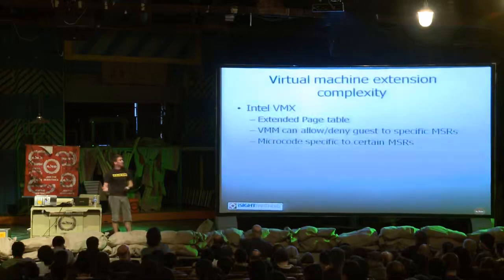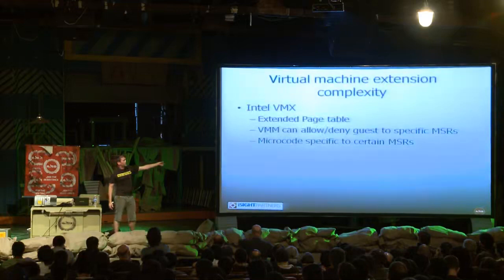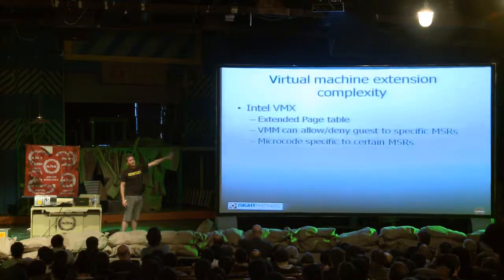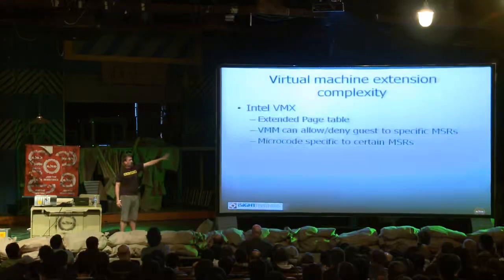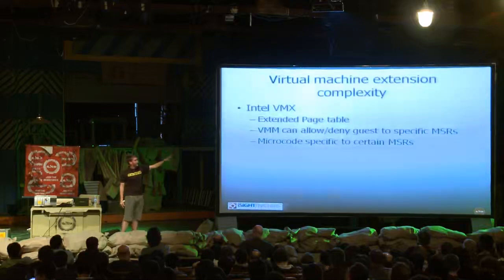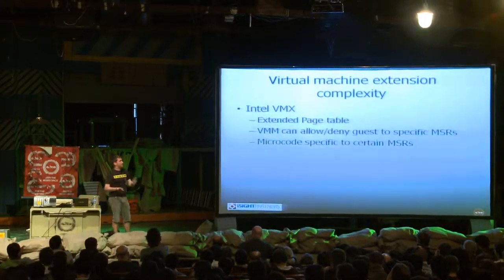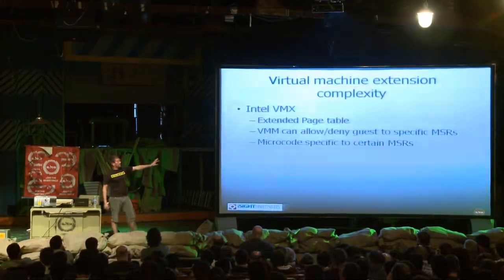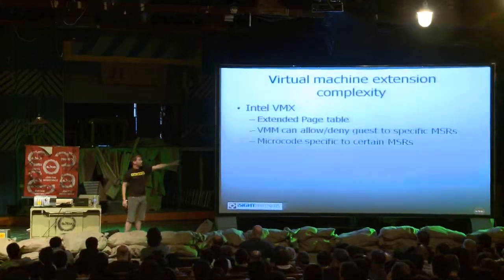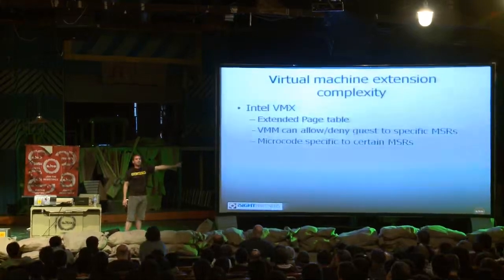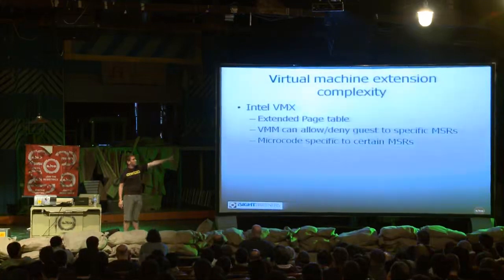So, for instance, Intel could release some code, VMware could release some code that uses the virtualization extensions on Intel processors, and they implement something incorrectly, and they allow access to an MSR that they shouldn't, or something like that. This is, of course, just me speculating about what could happen. I haven't actually implemented this yet. It's also interesting that the microcode responsible for reading from certain MSRs in non-root VMX mode is different.